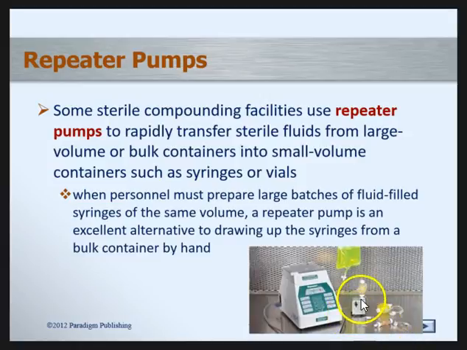Here we have a syringe or a specialty delivery device. When personnel must prepare a large batch of fluid-filled syringes of the same volume, a repeater pump is an excellent alternative to drawing up the syringe from a bulk container by hand.